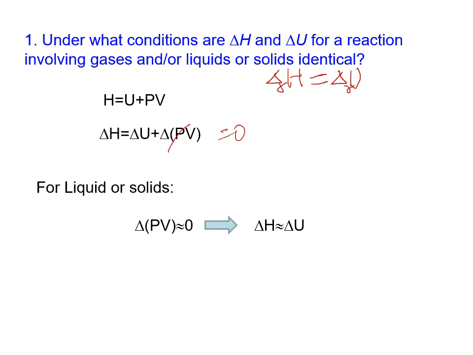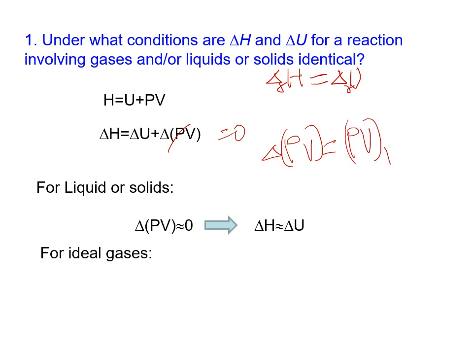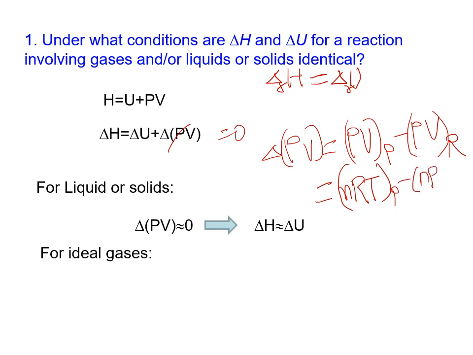Now if the reaction involves the gas phase, then in this case delta PV may not be 0. Delta PV should equal PV of the product minus PV of the reactant. If the gas obeys the ideal gas law, that will be nRT of the product minus nRT of the reactants.